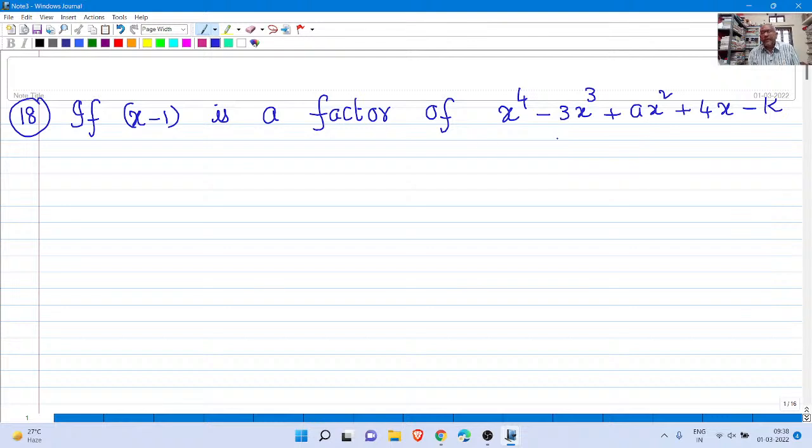It's a biquadratic polynomial. Then the value of a minus k is: a) 2, b) negative 2, c) 1, d) negative 1.